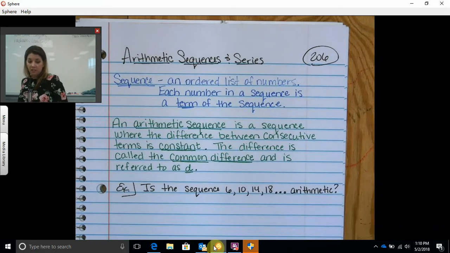6, 10, 14, 18, dot dot dot. Is it arithmetic?